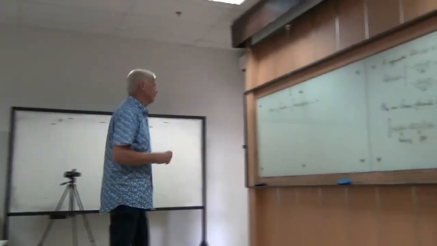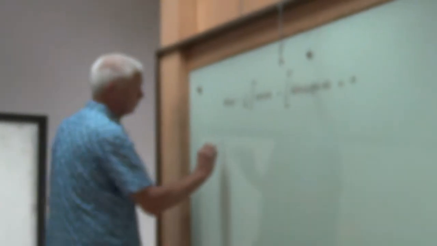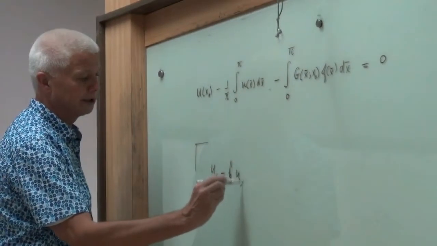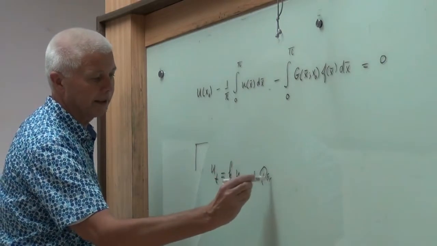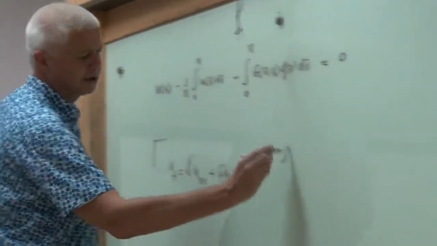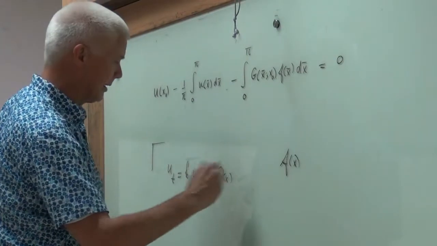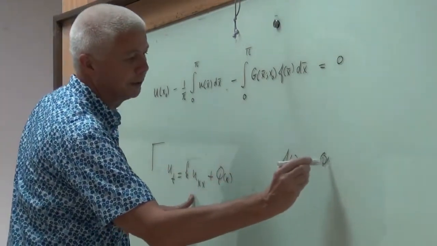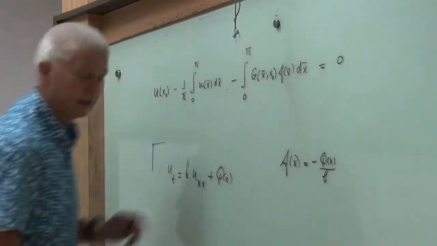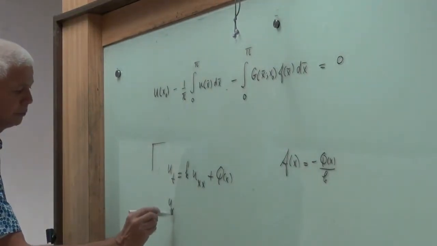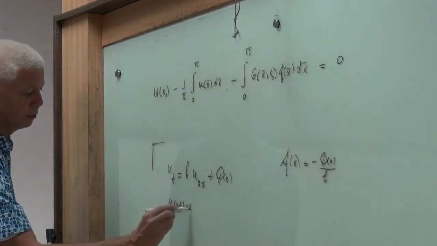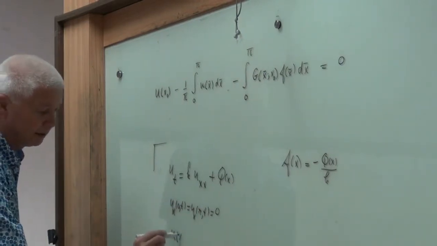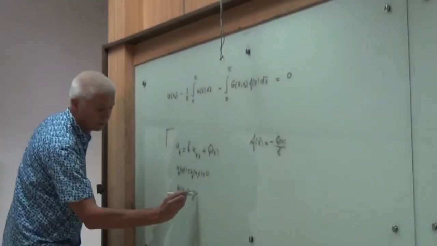If I go back to my original problem, think of a heat equation: u_t = k u_xx + q(x), and my f(x) in that formula was equal to minus q(x) over k. I had my boundary conditions, so u_x(0,t) = u_x(pi,t) = 0, and I had my initial temperature.